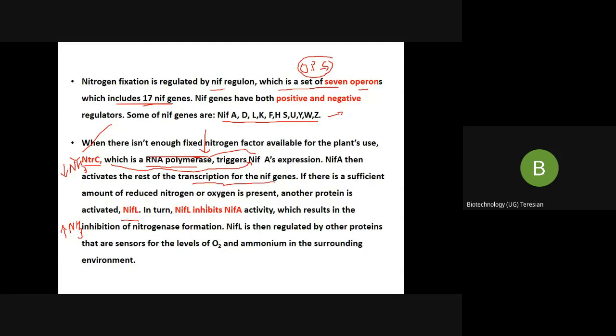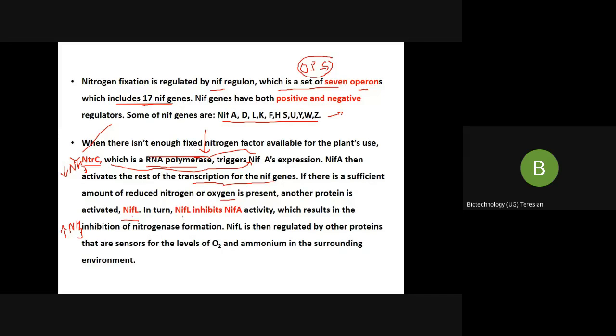So if reduced nitrogen or oxygen is present, as we said yesterday, nitrogenase is immediately destroyed by oxygen. So these are all indicators that a sufficient amount of ammonia is present, and we don't need nitrogen fixation. When you don't need nitrogen fixation, there is another gene called NIF-L.